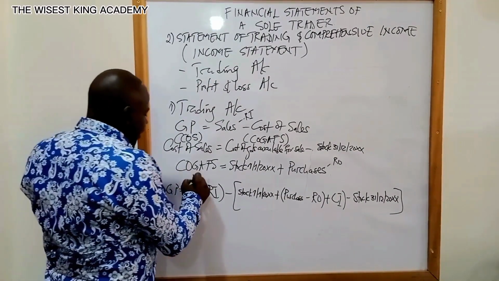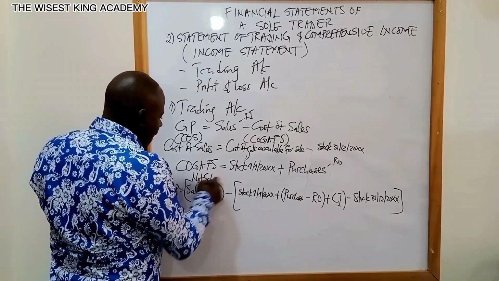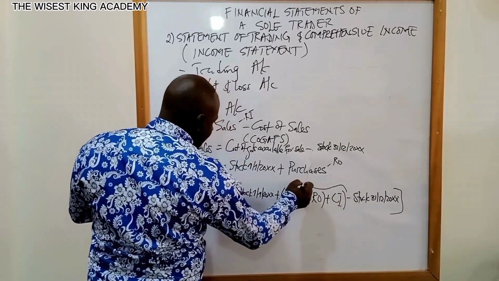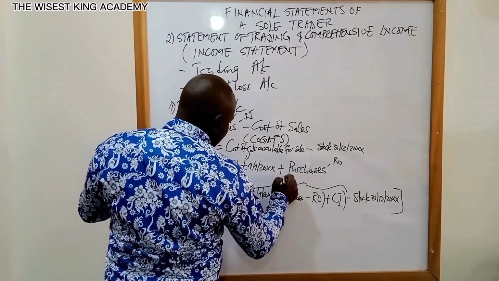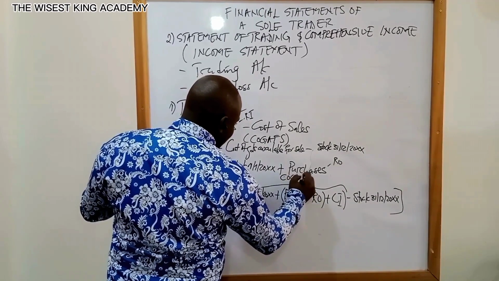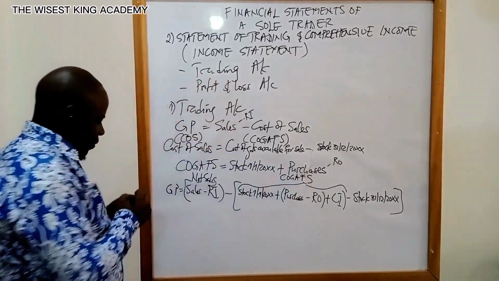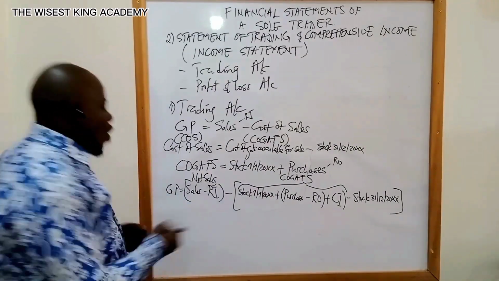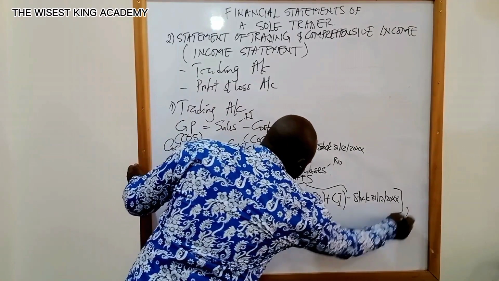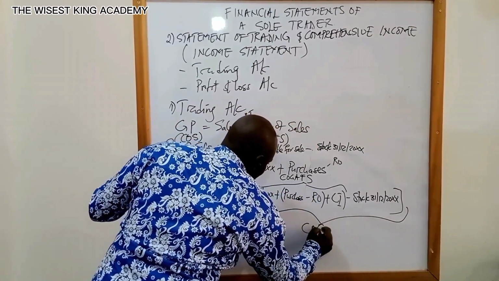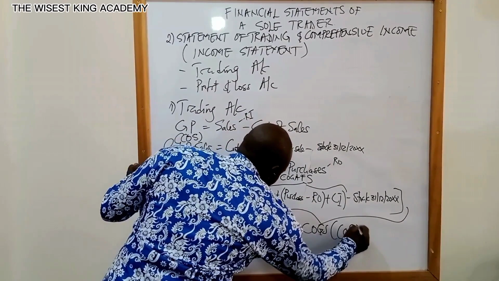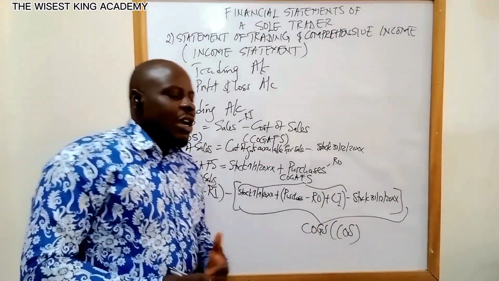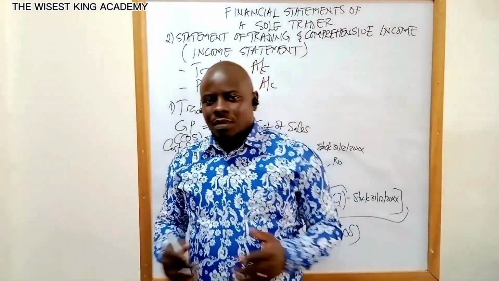This is called net sales. This is called cost of goods available for sales, minus closing stock. That gives cost of sales. Whereas all of this now is cost of goods sold or cost of sales. So that is the trading account section of the income statement.